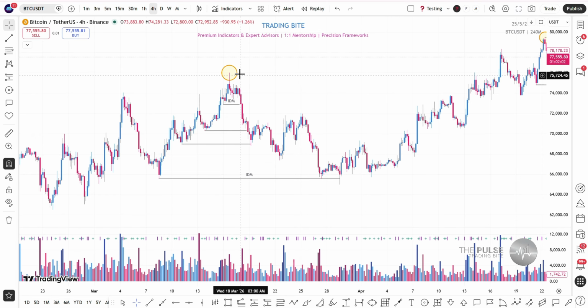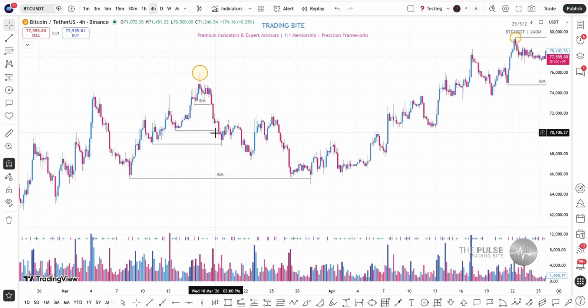As we can see, according to this high, let's assume this is our inducement. We can take any, because these are all valid inducements. So let's imagine this is our inducement point and the market has taken this inducement and closed above this reference point.